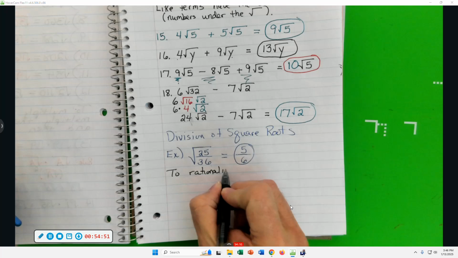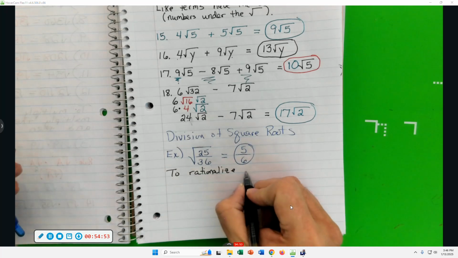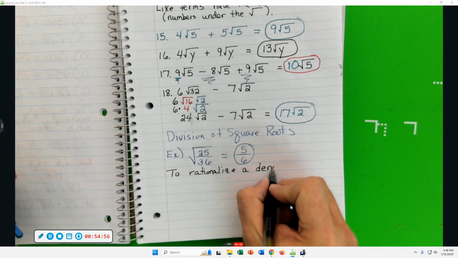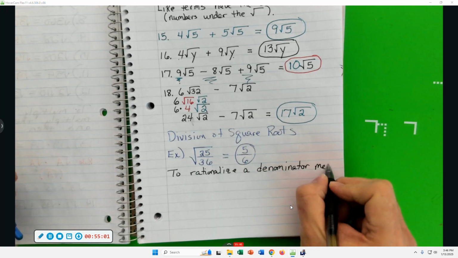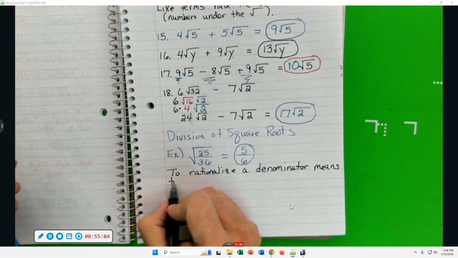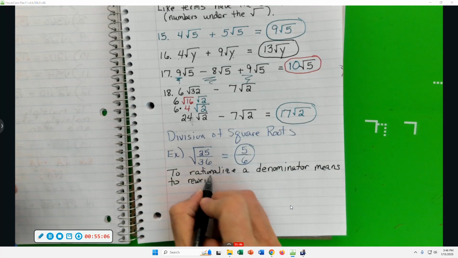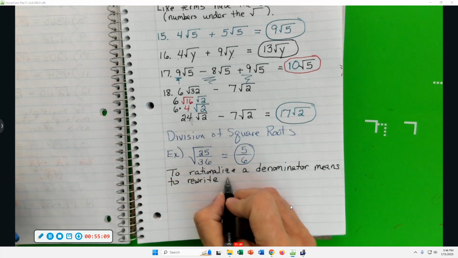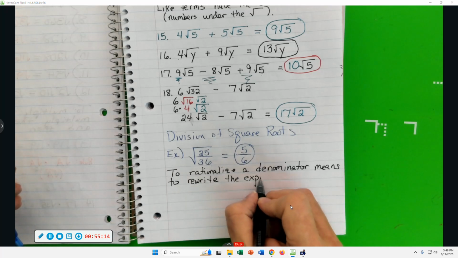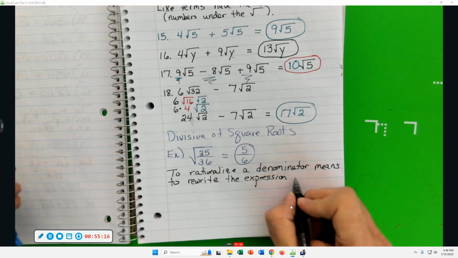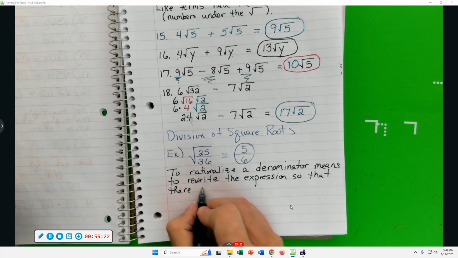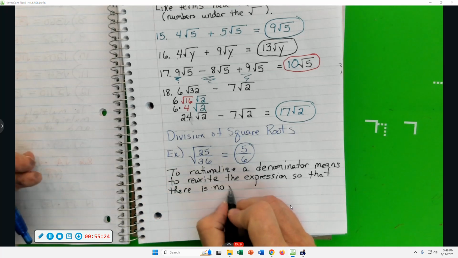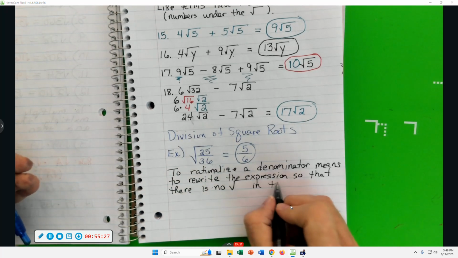To rationalize a denominator means to rewrite the expression so that there is no square root in the denominator.